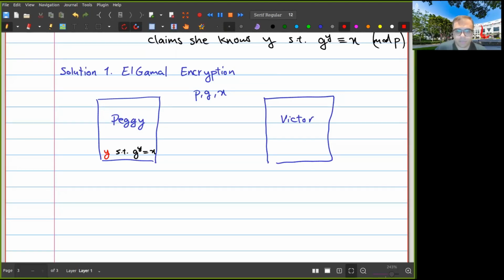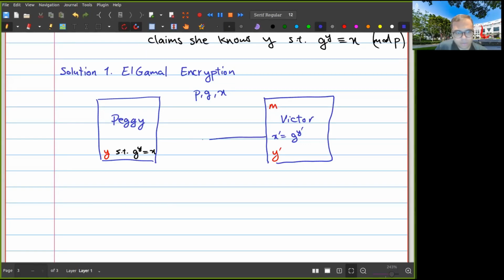So the way this worked was that Victor chose some other secret, let's call this Y prime. And then he just defined X prime to be G to the power of Y prime. Okay, and he also chose a message M.